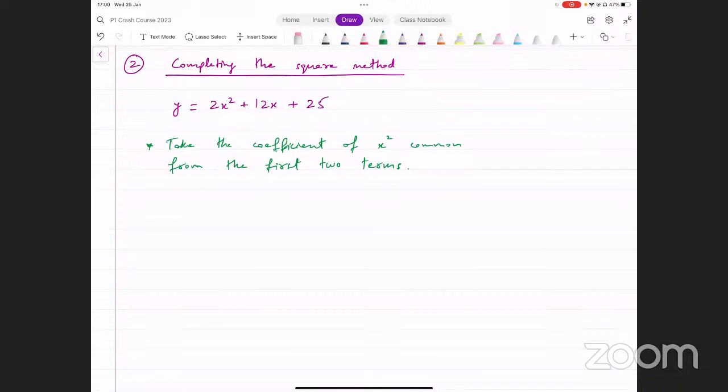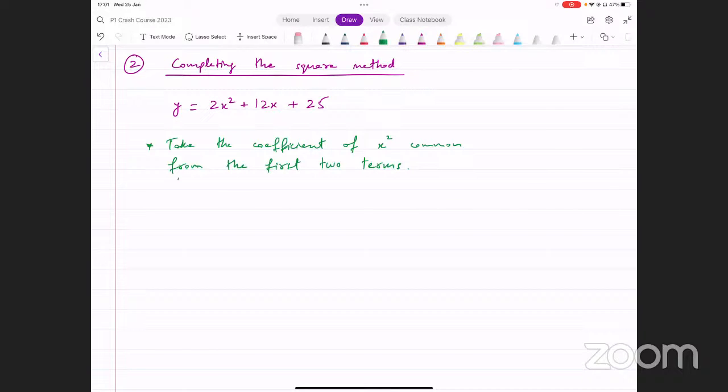Why? Because we want to make the coefficient of x square 1. You cannot have another number apart from 1 as the coefficient of x square. If you got another number, you need to take that common outside and make this coefficient 1.